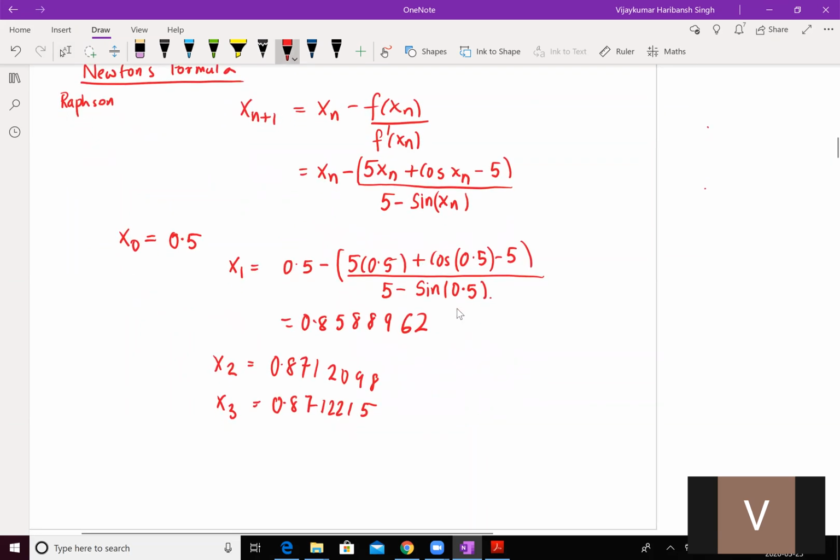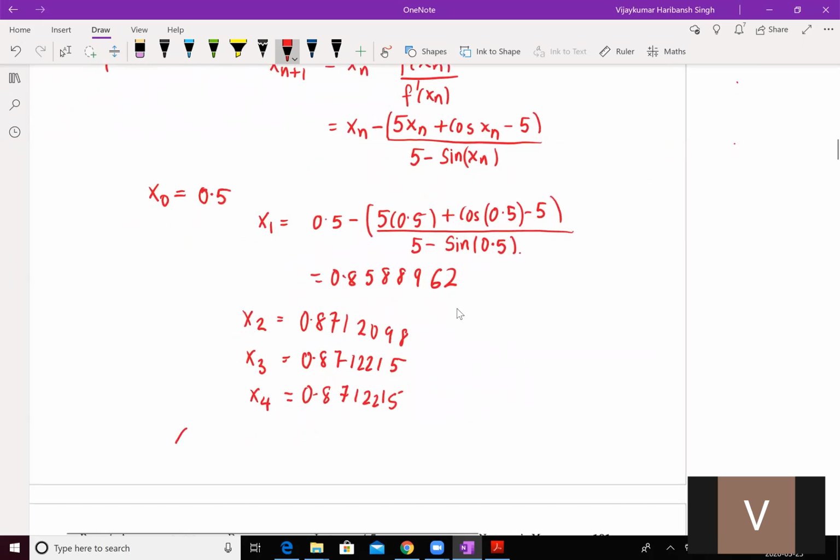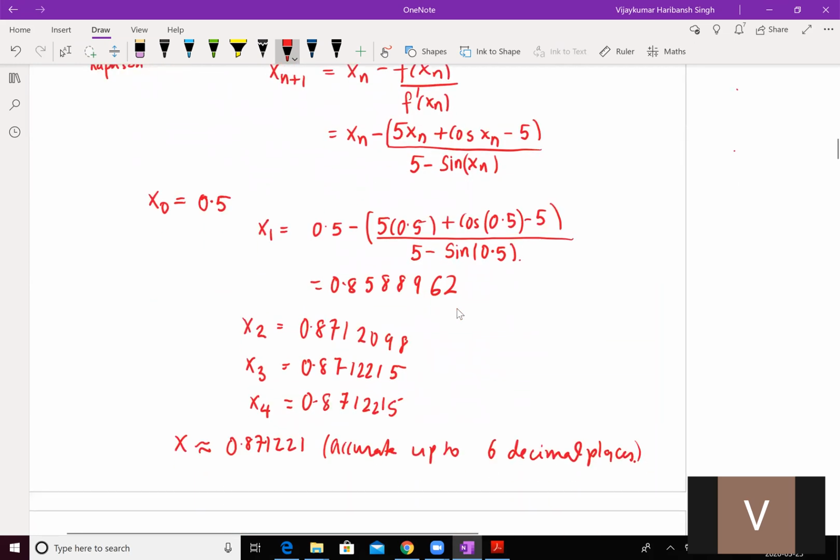So I will stop when, and then you see that x4 is going to be 0.87122215. All right. So x3 and x4 agree, so the solution is going to be 0.871221, accurate up to 6 decimal places. So this is how the whole thing works.